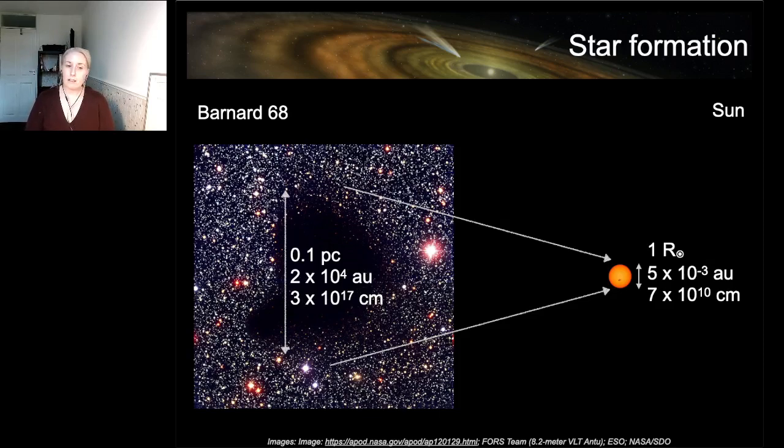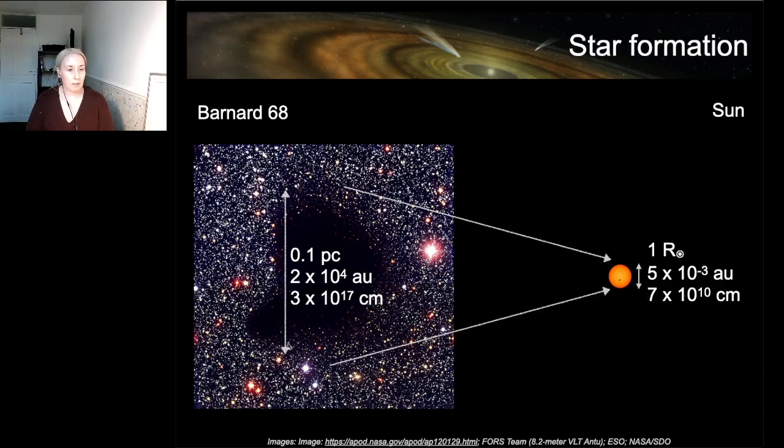Now, in order for this cloud to collapse to form a star, you can see that the size difference is huge. We're going from 0.1 parsecs and we're forming a Sun-like star, so it's got a solar radius, a radius the same as the Sun, so 1 solar radii we call that. And that size is about 5 × 10⁻³ astronomical units, which translated to centimeters is 7 × 10⁻10 centimeters.